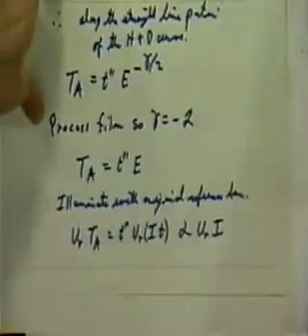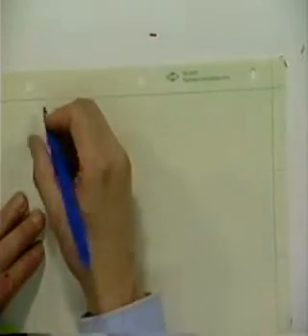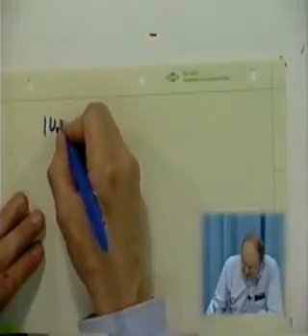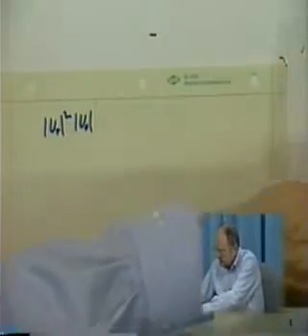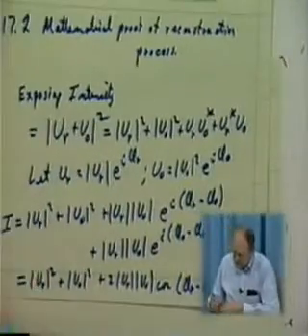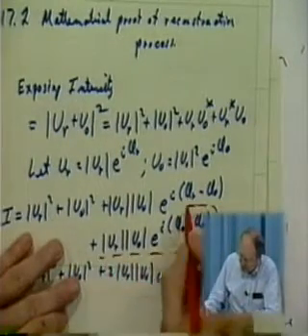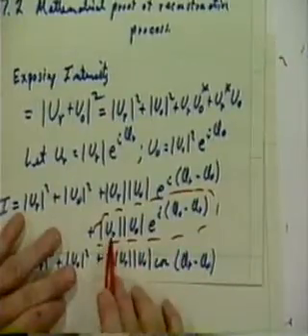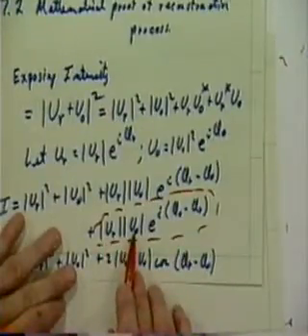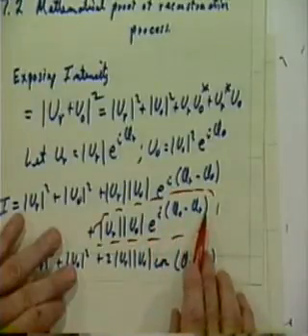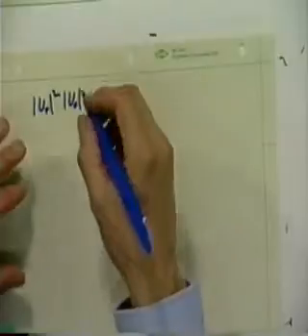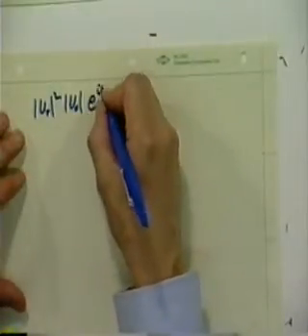But the important thing is that when we do that, we're going to multiply U sub R times this term right here. So we're going to get a term that goes as U sub R squared U naught e to the i phi naught minus phi sub R times e to the i phi sub R. So we get a term that goes as U sub R squared U naught e to the i phi naught.